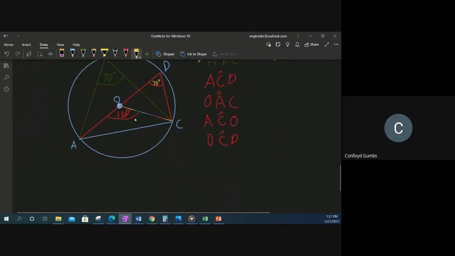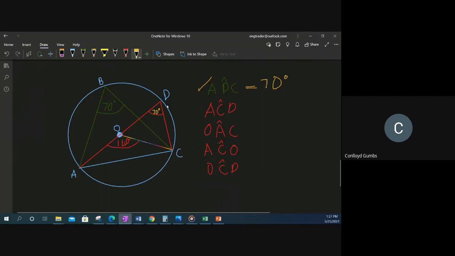Okay, so ACD now. I'm trying to understand what's happening with ACD. Now, the angle I'm looking at, where is it located? Well, this angle seems to sit on something. It's sitting on what? The diameter. So what does that mean?